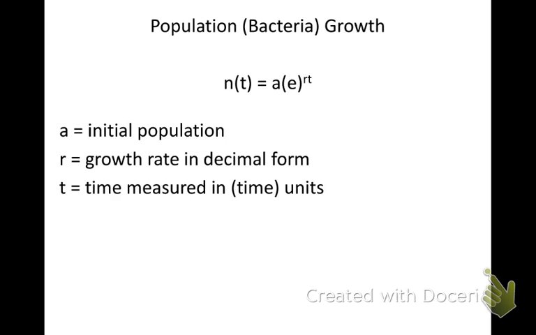Let's include that in our little list here. N of T equals future population. So even though they've changed up my variables here, I really have the exact same equation still. So let's look at this in the context of a problem now.